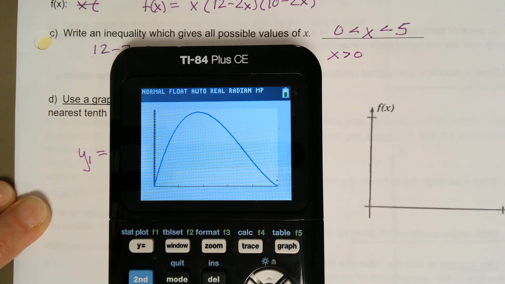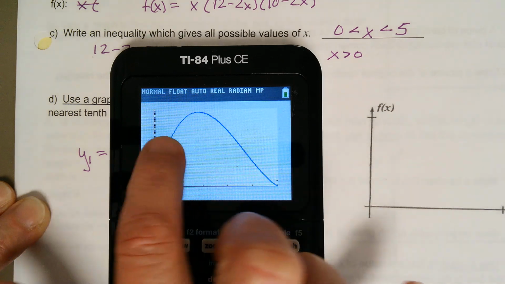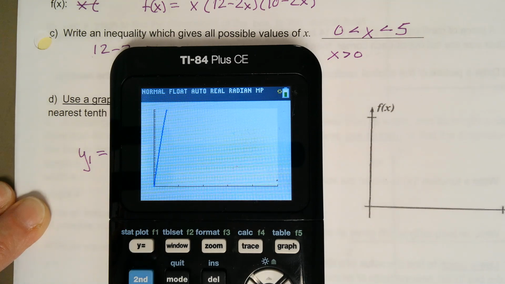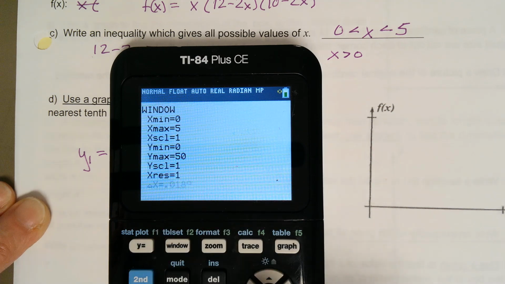Okay, and that's actually enough. If I did not see the top of this curve, let's say if my y was at 50, then I would have to increase my y max. So let me put that back to 100.